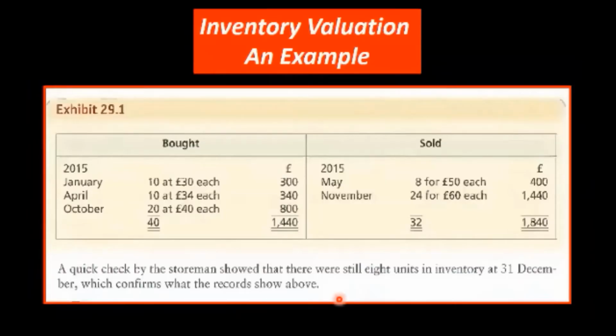That's some work example. Okay, in this work example that we have here, exhibit 29.1, we have something that looks like a T account, a table. On this side, we have all the items that we bought and the date and the amount. This here is the pound sign.